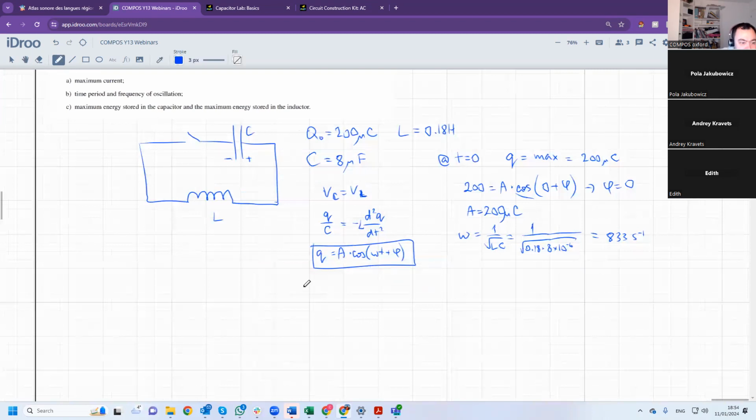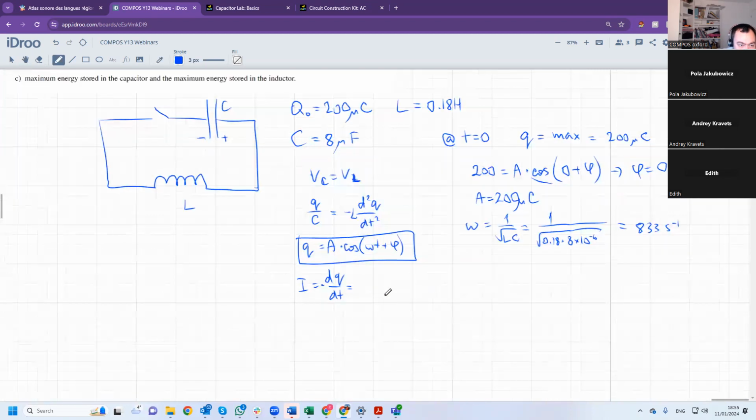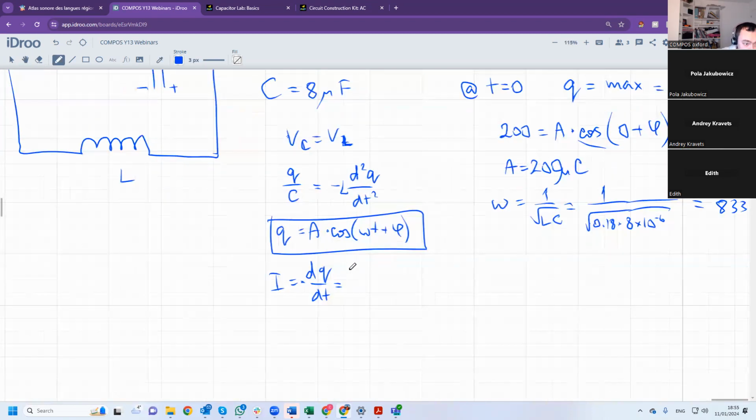Well, to find the current, we differentiate dQ/dt with a minus, because the current is the rate of discharge of the capacitor. Well, I mean, it's arbitrary. Switch the ammeter around, and it's going to be positive.